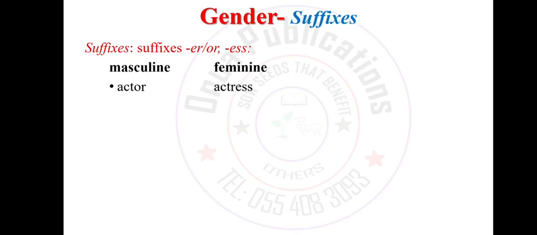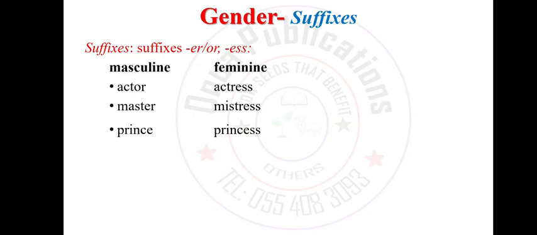We have actor, actress. So instead of the OR, we have RESS, making the word actor a female. That's actor, actress. Then master, mistress.